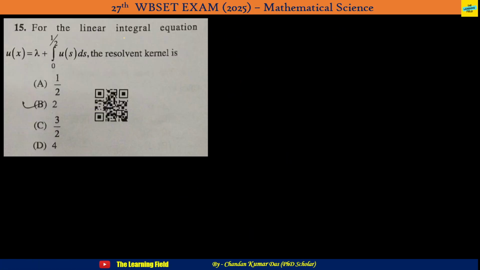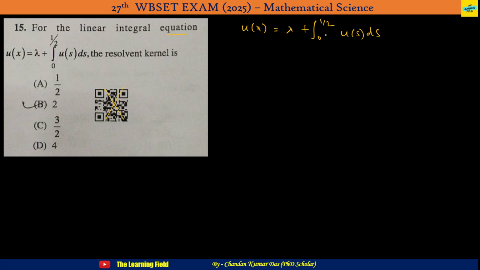Next question is this one. For the linear integral equation, what is the resolvent kernel? The question is given that u(x) equals lambda plus integration 0 to half of u(s) ds.